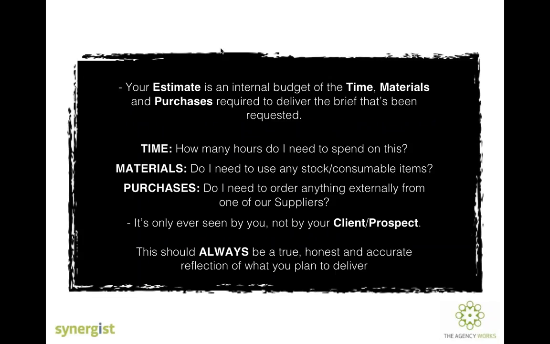What I mean by that is your estimate should be an internal budget. You should be taking into consideration any time, materials and purchases required to deliver the brief requested by your client or prospect, maybe at this stage. So how many hours do I need to spend on this? Who do I need? How long have I got to complete it? And also, do I need to order anything externally from a supplier?